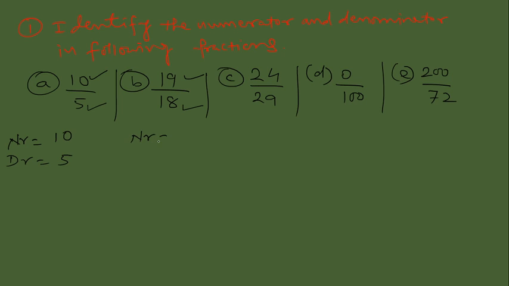In the second question, NR is equal to 19, DR is equal to 18. Third one is NR equal to 24, DR equal to 29. In the fourth question, NR is equal to 0, DR is equal to 100. And the last one is NR equal to 200 and DR equal to 72.